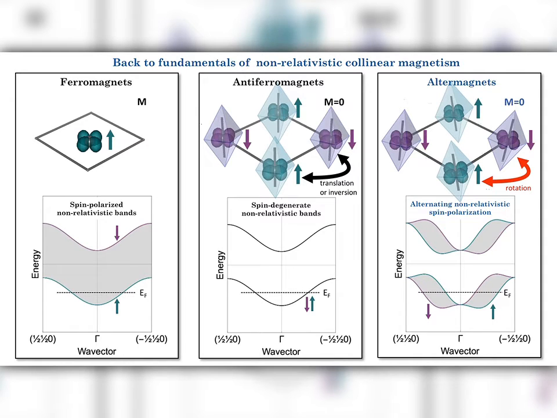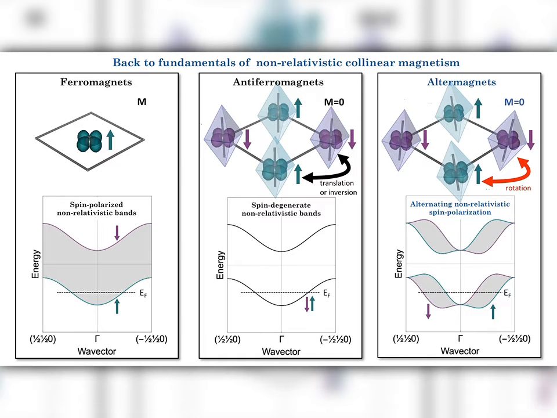And this can only happen if the crystal is composed of at least two crystallographic sublattices which carry opposite magnetic moments and which are connected by some crystal symmetry operation. If that is the case, then the magnitudes of the two moments are forced to be equivalent, and if they are antiparallel, then the net magnetization vanishes.